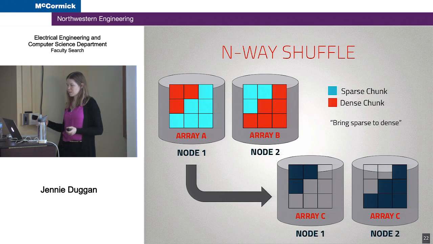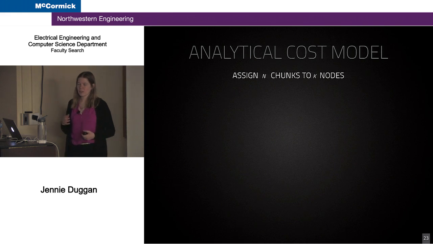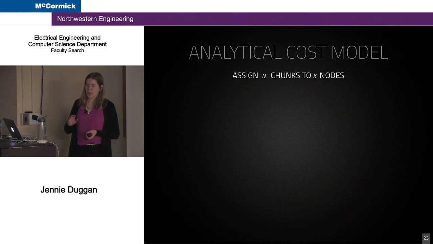Now, you'll notice that this doesn't do anything to control for execution skew, though. We have to control this separately if we want to minimize the end-to-end duration of the query. So to this end, we developed an analytical cost model to describe how we're going to send different chunks to nodes. If we are assigning n chunks to k nodes, then we first have to think about how long the data alignment phase will take.